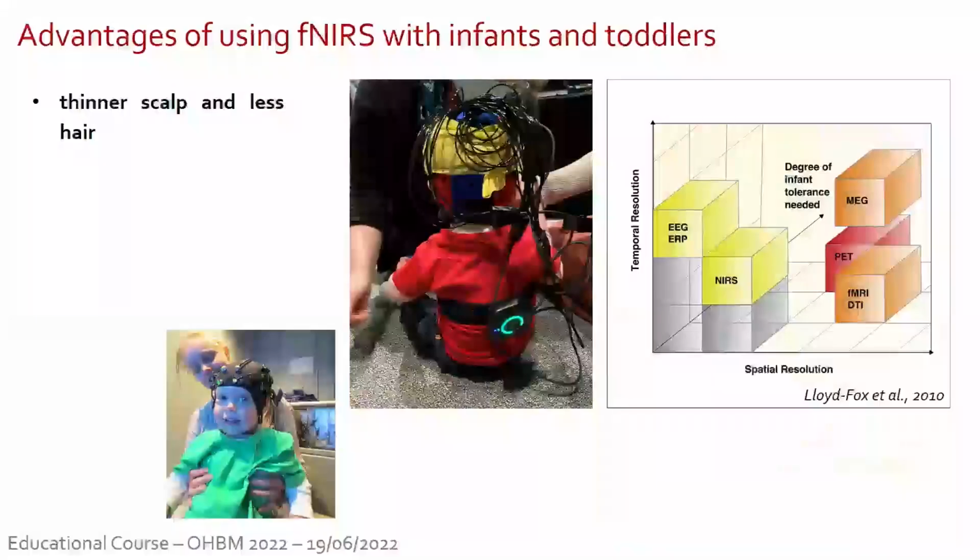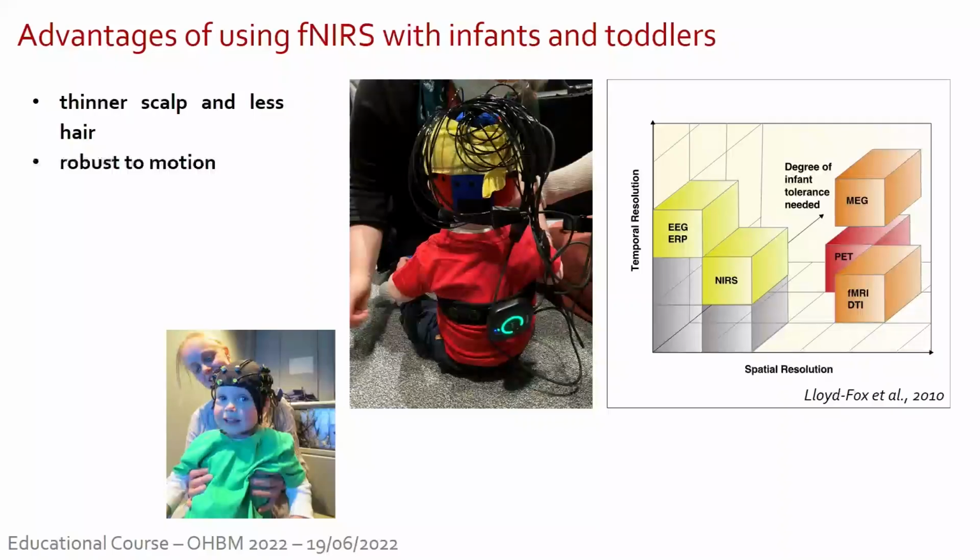So you generally get a very good signal, for example, compared to adults. It's quite robust to motion, as I said. So as long as the cap is well tight, the infant is able to move around. If you have a wearable system, they can even just crawl around. So that's great to be done with infants.